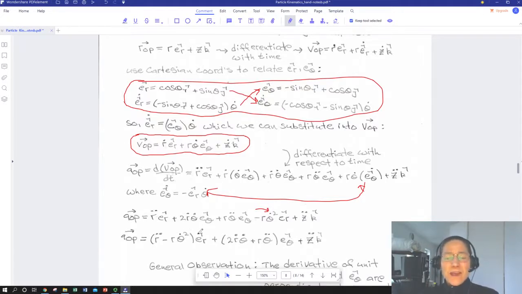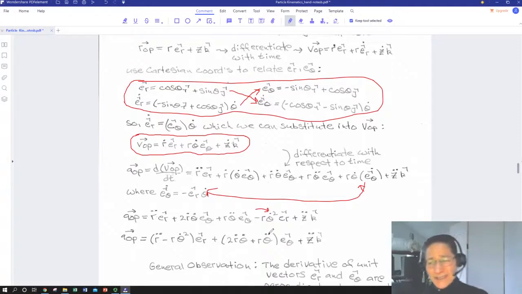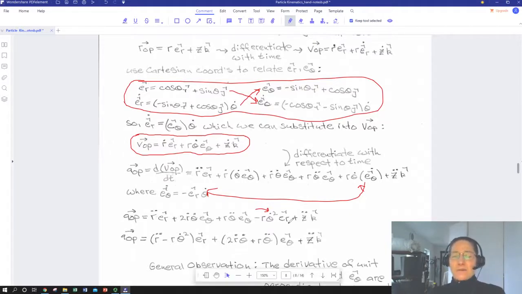So theta hat and r hat acceleration components kind of talk to each other. They're interdependent. So that's why we have expressions of each in the other. Z, the k hat direction, because k hat never changed with time, it's not throwing out all these other terms.